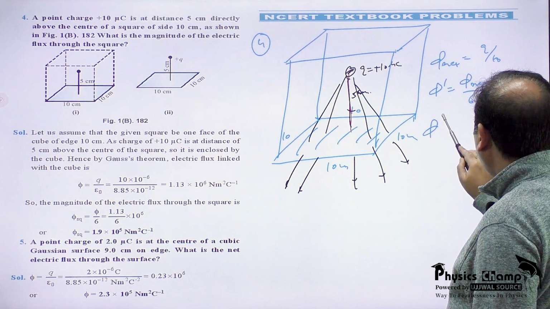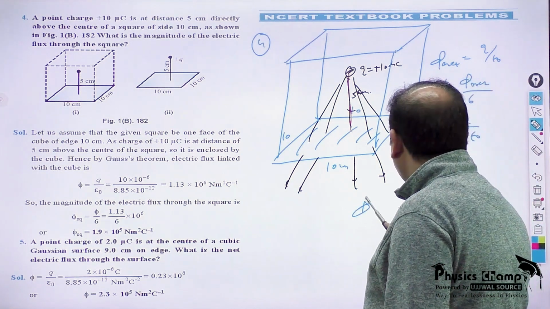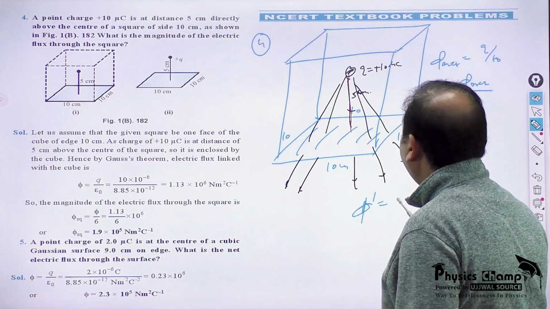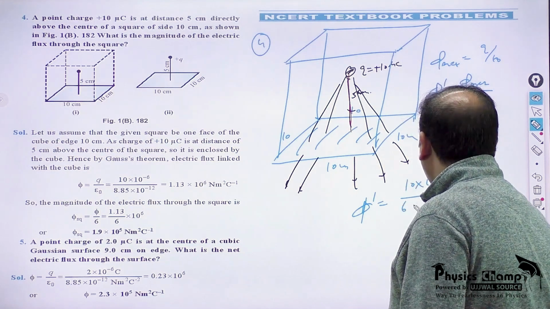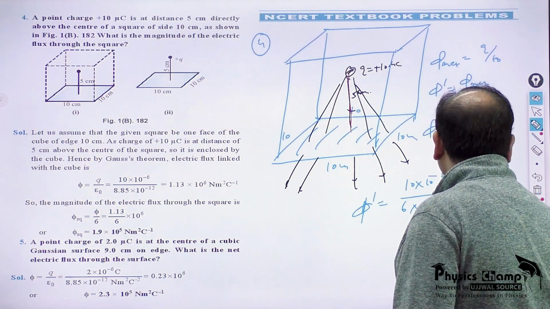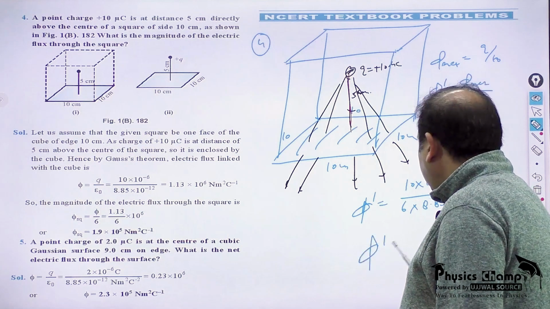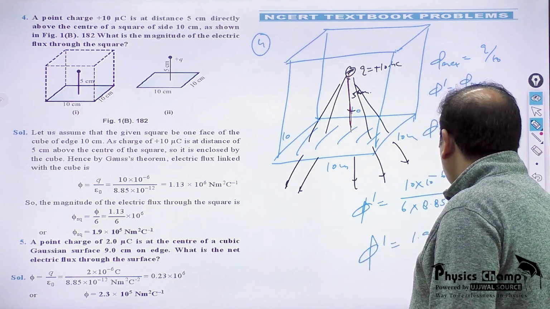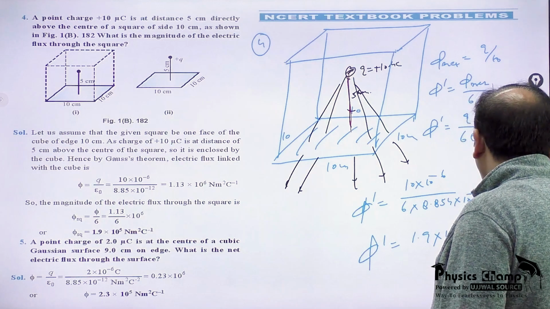So through each face the flux will be Q by 6 epsilon naught, which is 10 into 10 to the power minus 6 divided by 6 into 8.854 into 10 to the power minus 12. So we'll be getting flux through each square, which is 1.9 into 10 to the power 5 Newton meter square per coulomb.